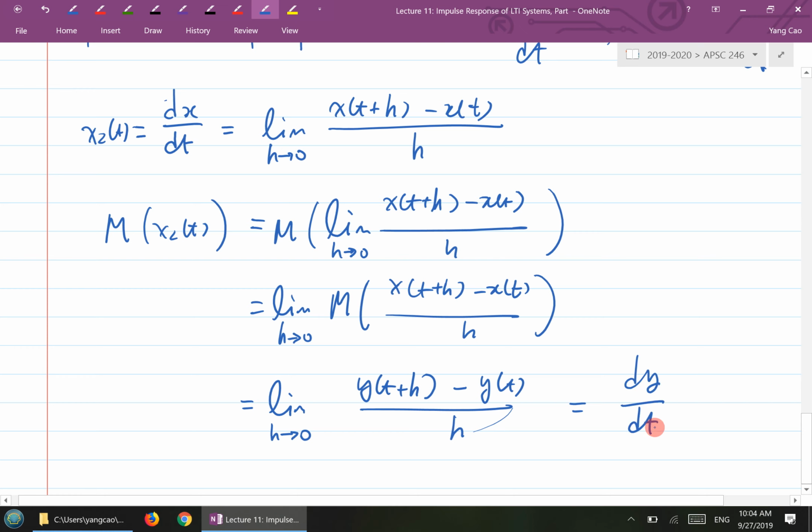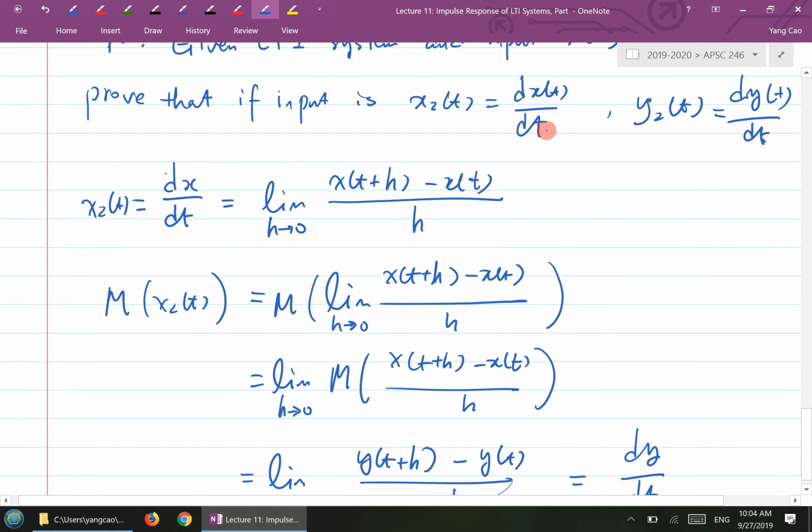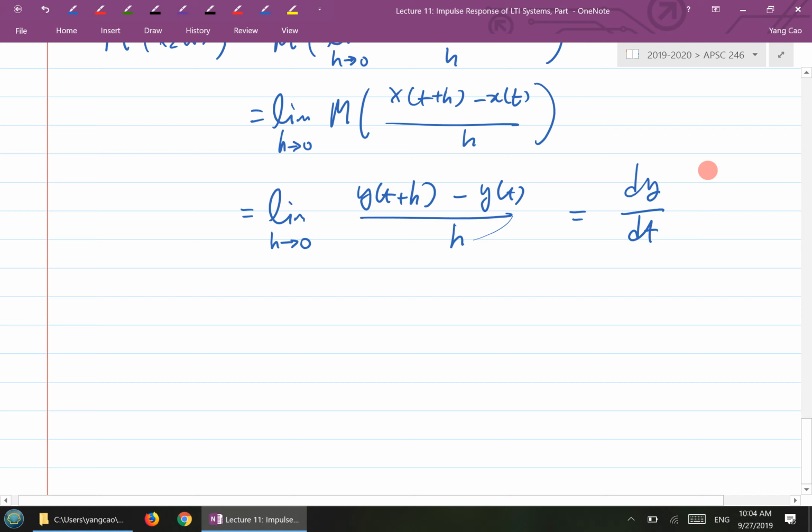So that basically is the proof. When the input is x of t, your output is y, and when the input is changed to the derivative of x of t, the output is the derivative of the original y of t. Good. I want to make use of this conclusion for the second part of this question.